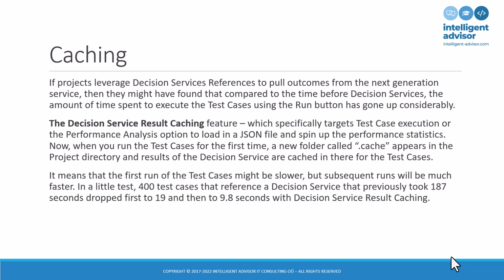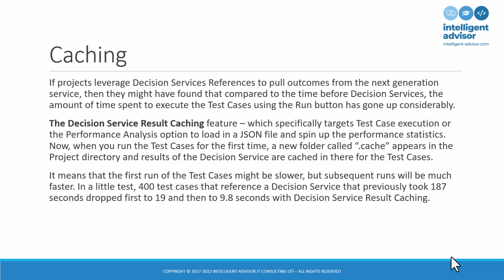So in order to provide a palliative to this, there's now a client-side decision service result caching feature. Basically, it means that when you run your test cases for the first time, it will cache the results of attributes that were output from decision services, and it will use that data in the cache until such times as it needs to refresh it because you've changed the definition of the decision service or you've changed the values in the test case.